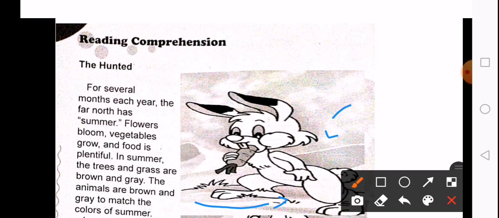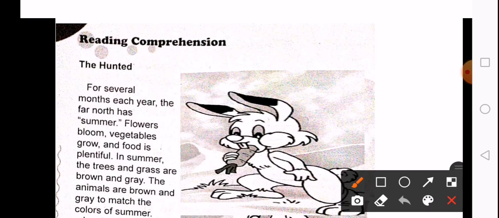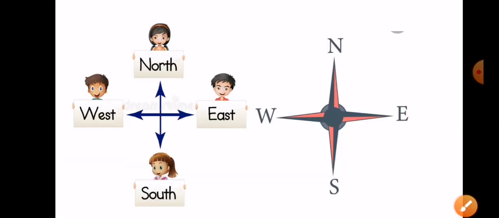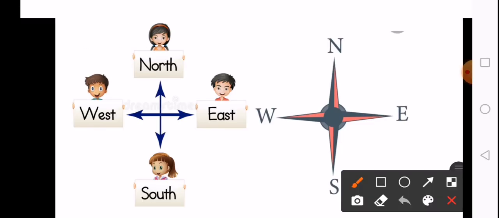So now let's start explaining the lesson. The title here is about the haunted. For several months each year, the far north has summer, okay? So here they talk about the far north. This is the far north, okay?